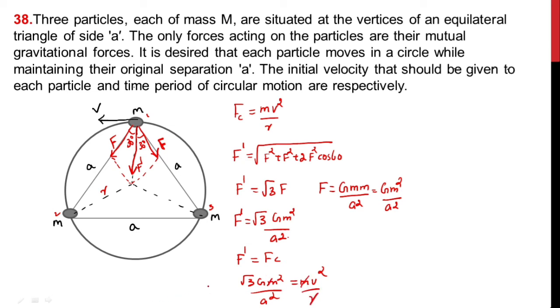One m cancels, so v square is equal to root 3 G m divided by A square into small r.